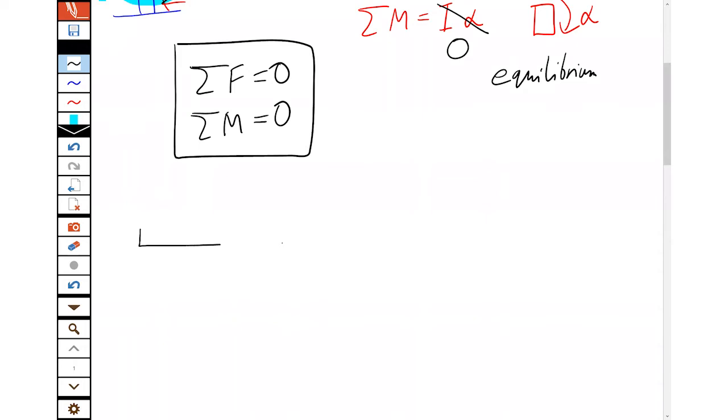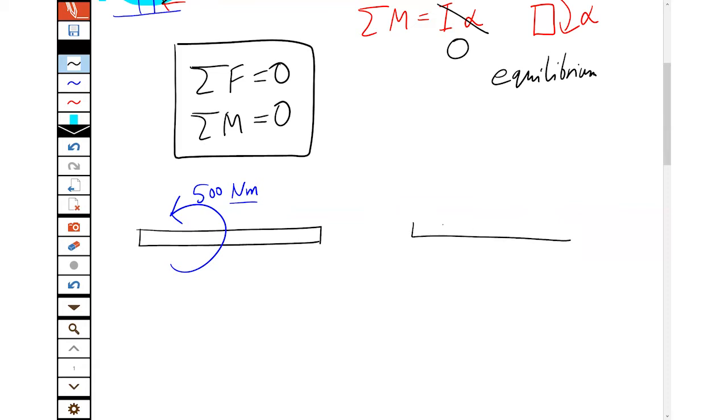The first is, if I have a beam, I can just put a moment on it. I can say I'm grabbing this and twisting it by 500 Newton meters, which is the unit of moment. Or if I had a beam, I could put a force couple on it, which means I've got a force of 50 newtons up and an equal and opposite force of 50 newtons down, separated by 10 meters.